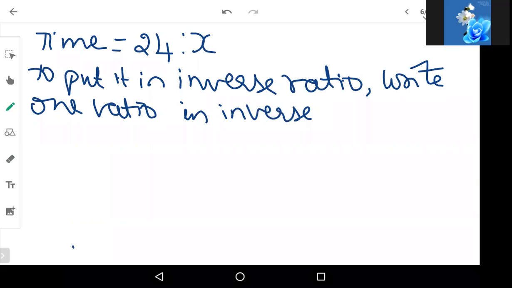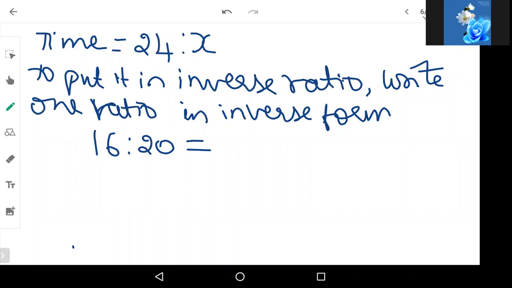Inverse form means ulta. Okay, so if you're taking 16 is to 20, the first ratio we will keep it as it is. The second time ratio, it will change the places. It will be inverse. That is x is to 24.